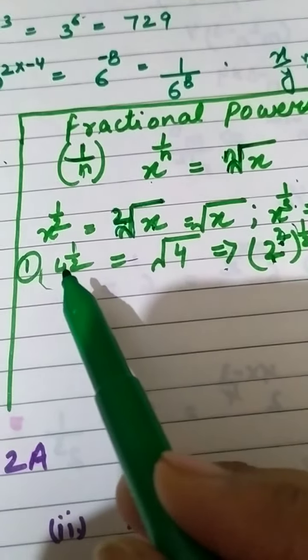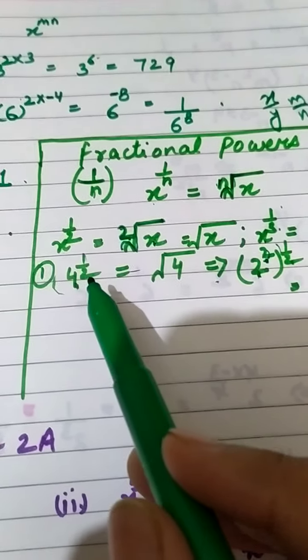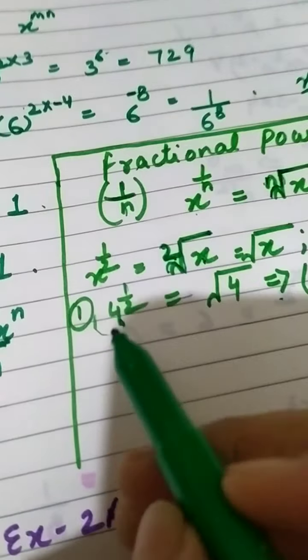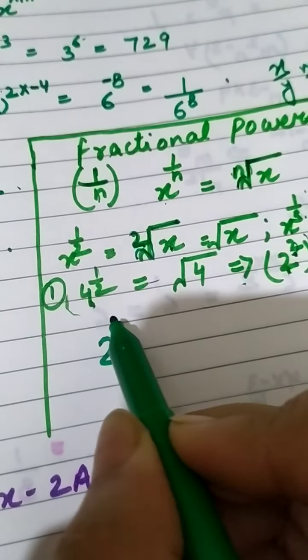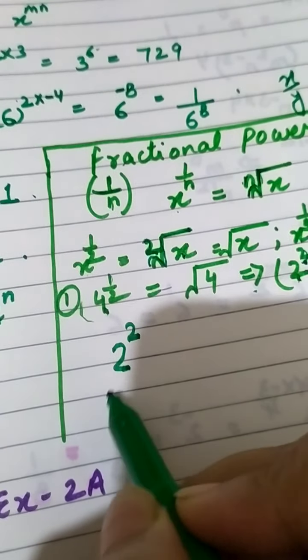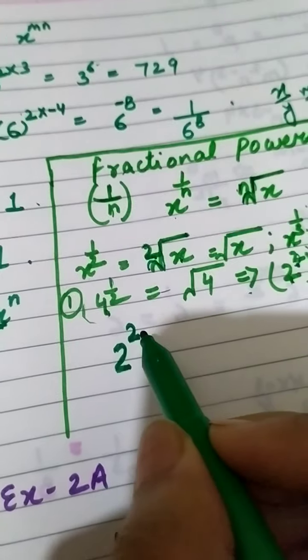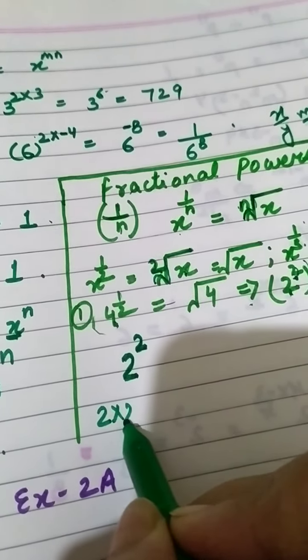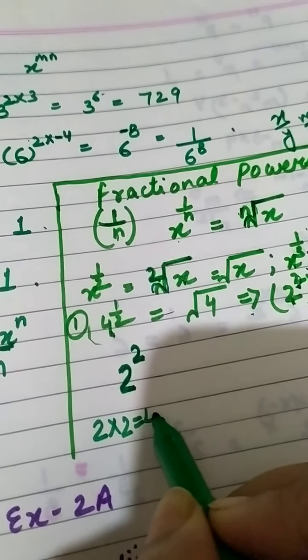Now see, if it has been written 4 raised to the power 1 upon 2, then what you will do? If 4 raised to the power 1 upon 2, then you can write this 4 like this. Okay, means 2 raised to the power 2. 2 raised to the power 2 means 2 into 2, means 2 is multiplied by 2 times, that is 4.